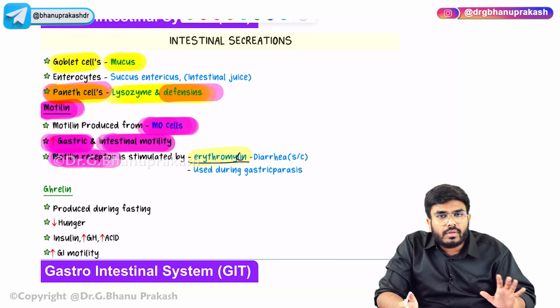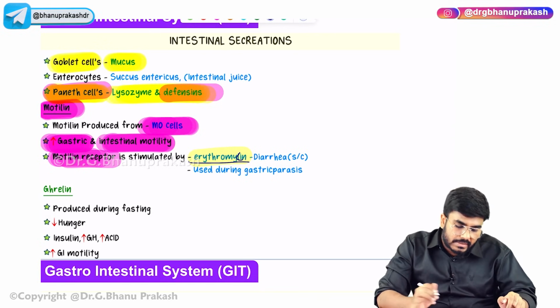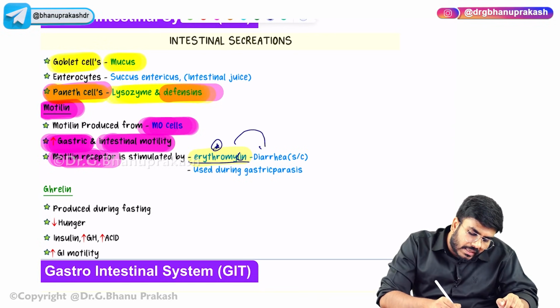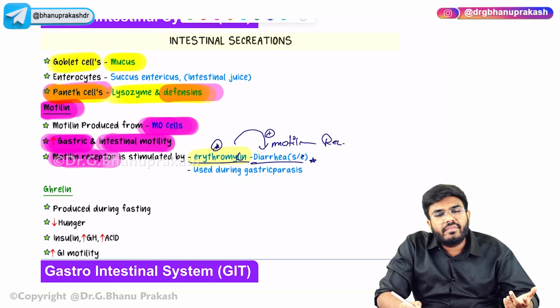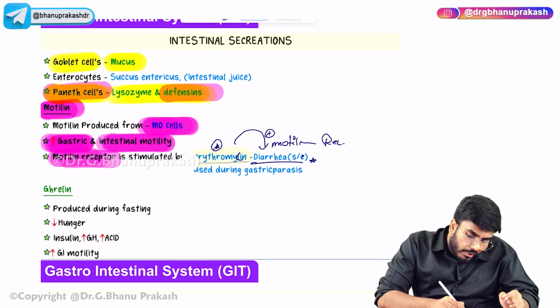The problem is solved. But the problem is this erythromycin unnecessarily stimulates the motilin receptors, because of which the patient can have diarrhea. So, that is the side effect of erythromycin. It causes diarrhea.